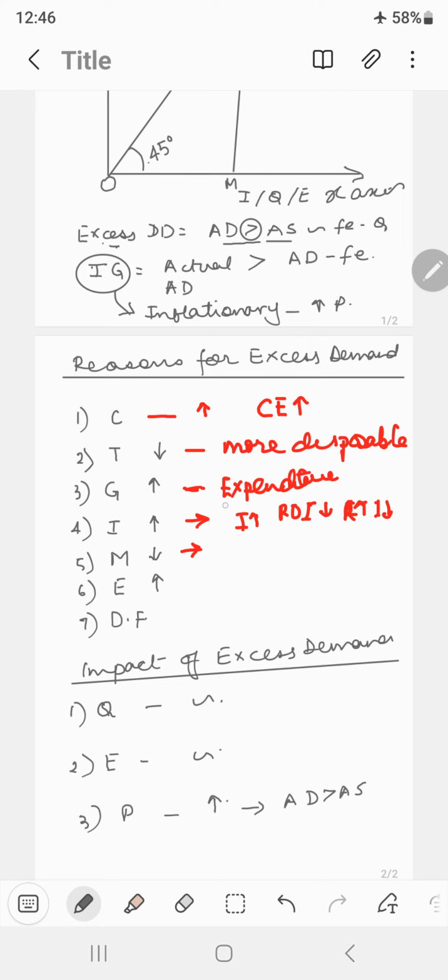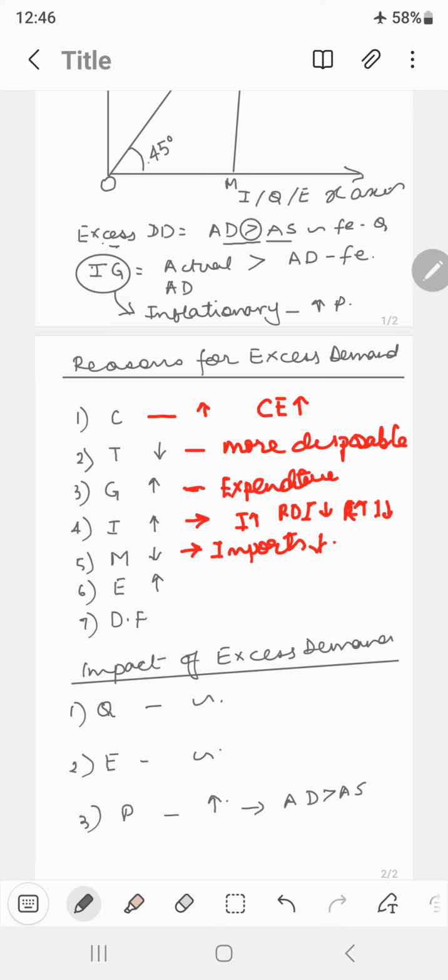The third reason would be that the imports go down. If imports go down, then what will happen? In that case, again, the pressure will be built on the existing goods which are produced locally. Why could imports go down? What could be the reason for imports going down?